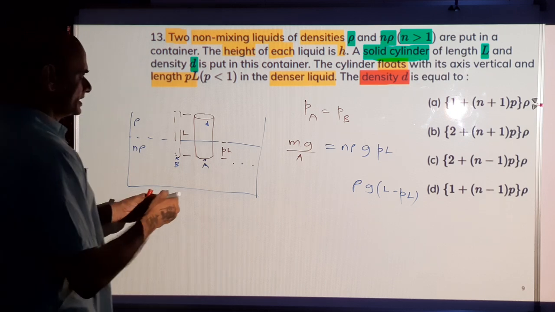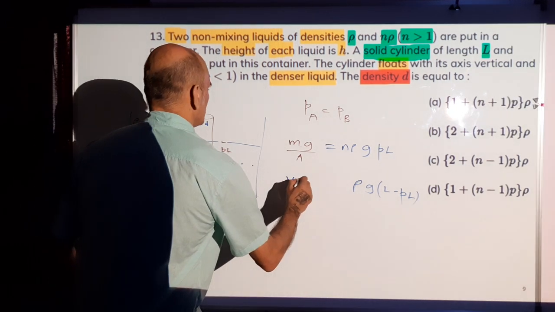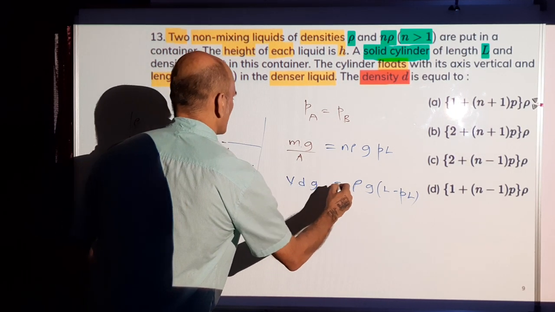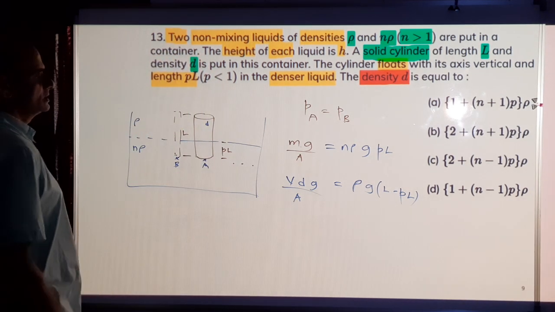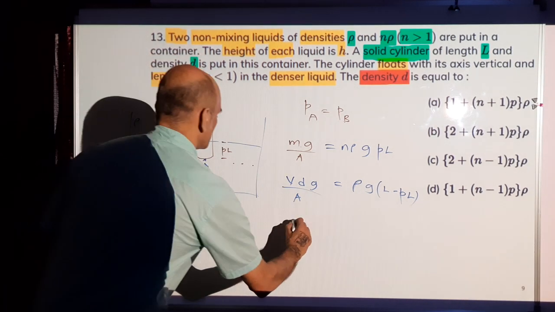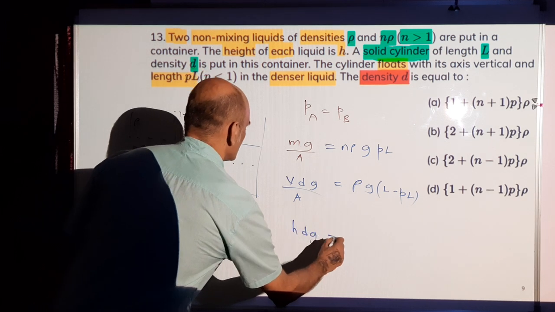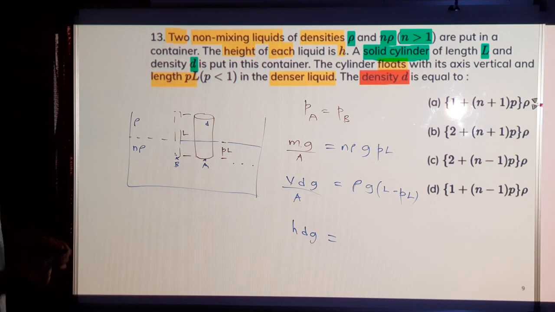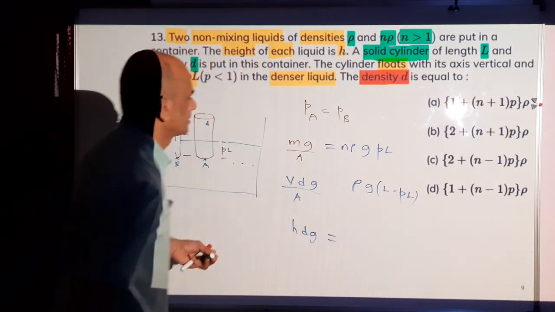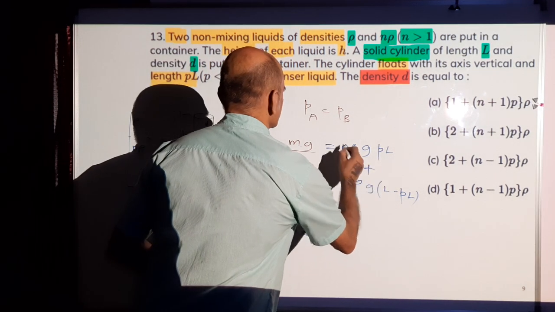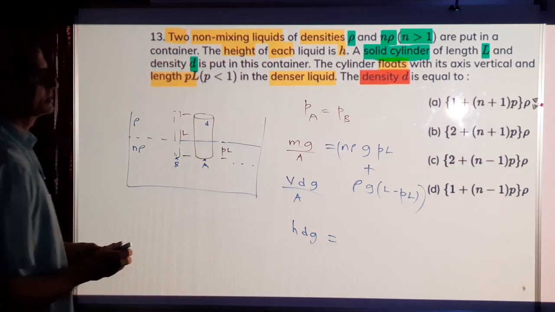And mass is volume into density of the cylinder. Volume into density of the cylinder into G divided by A. And volume is A into H of the cylinder. So A will cancel and H will remain. So HDG will be equal to this right side. So this plus this is the entire right side.